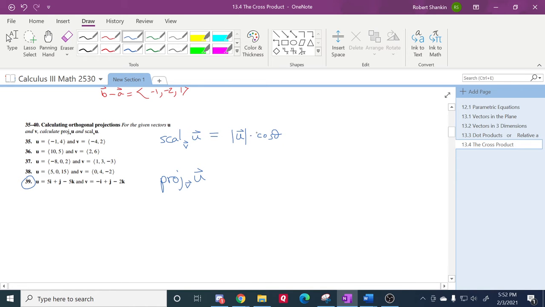But the problem is we don't have the angle. So we're going to replace the cosine with the same formula we used when we asked to find the angle, the dot product divided by the magnitudes multiplied together.